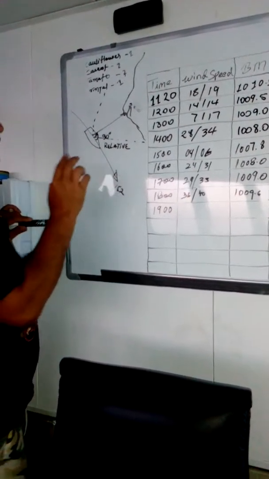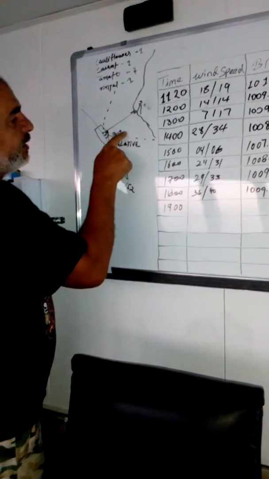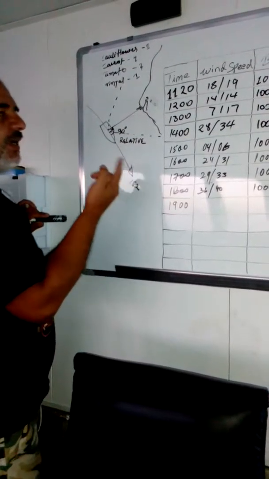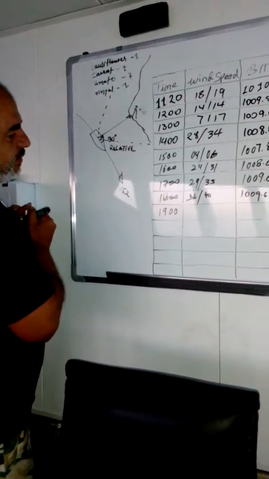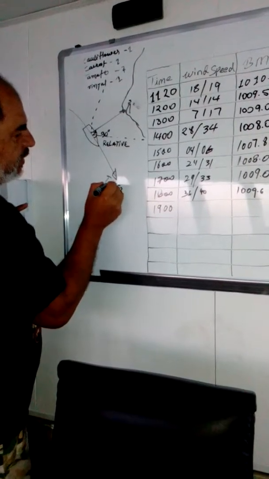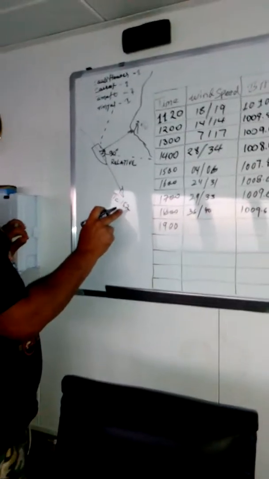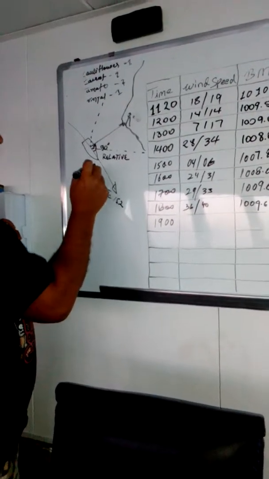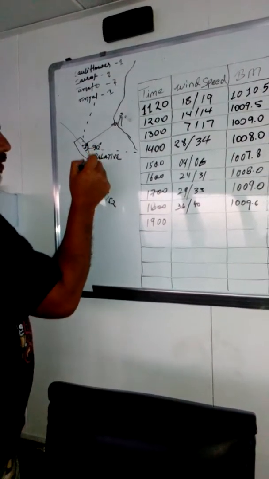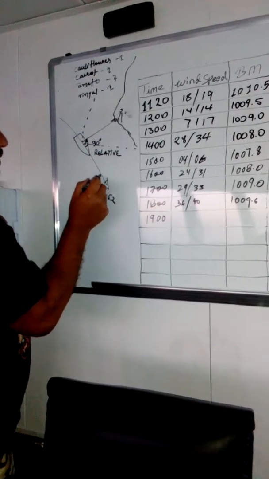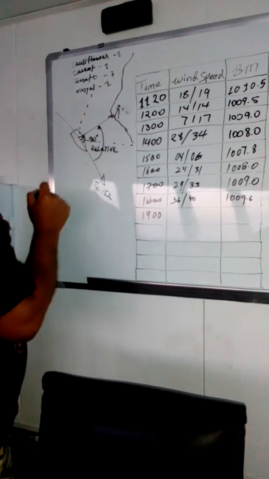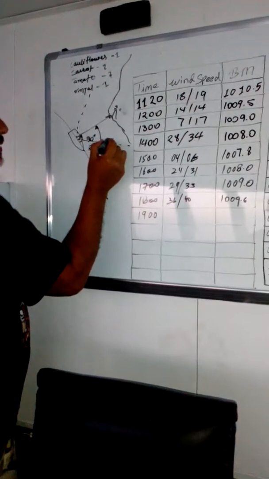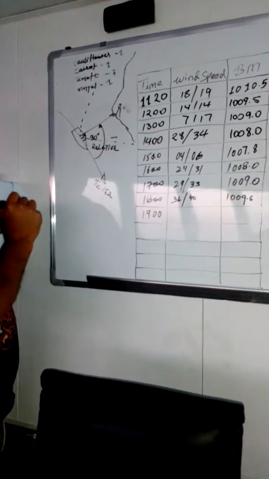Remember what I told you? It's relative because you have to compare against something true. In this case, we have a true course here, so you have to compare with this course. When it's coming on the port side, going from the course to the port side, it's minus.